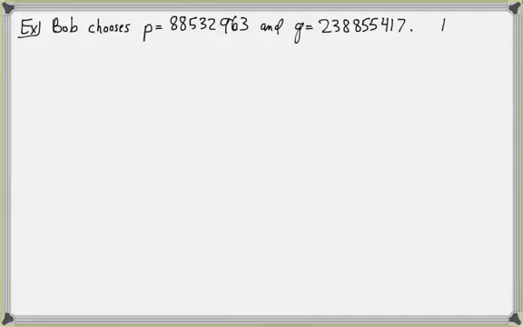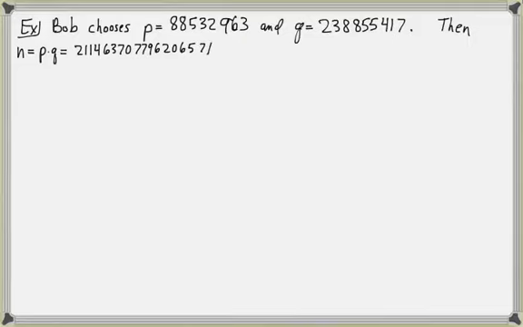Okay? Then the modulus for these calculations will be N, which equals P times Q. It's going to be 2114630770206571571.